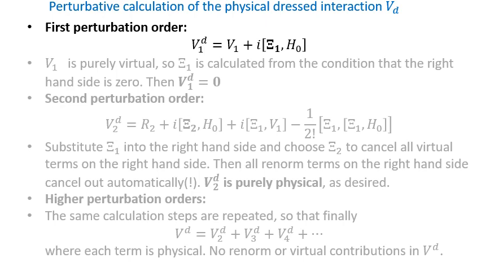Let's see how it works in the first perturbation order. The term V1 on the right-hand side is purely virtual, so Xi1 is selected to cancel this unwanted term exactly. Then the first order dressed interaction is zero.